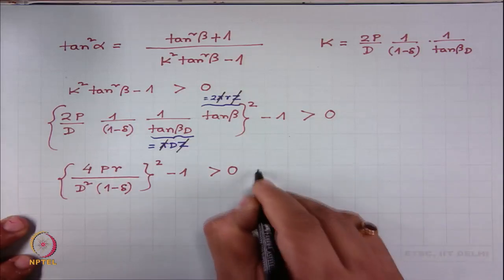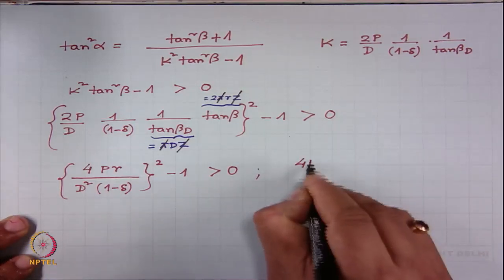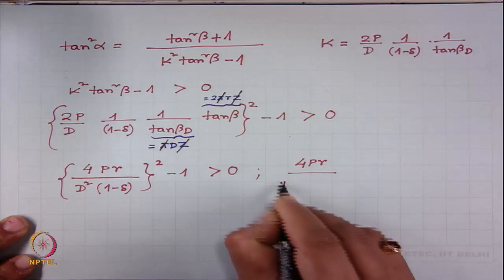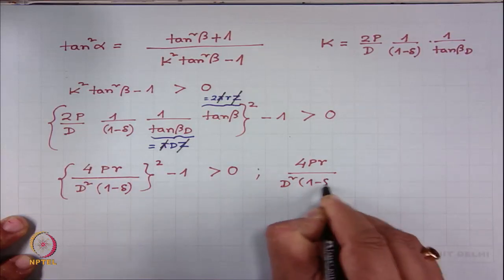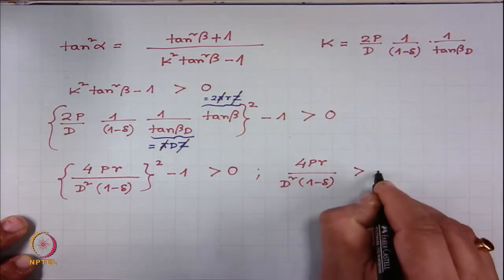So, 4 p r by d square, 1 minus retraction, must be greater than 1.